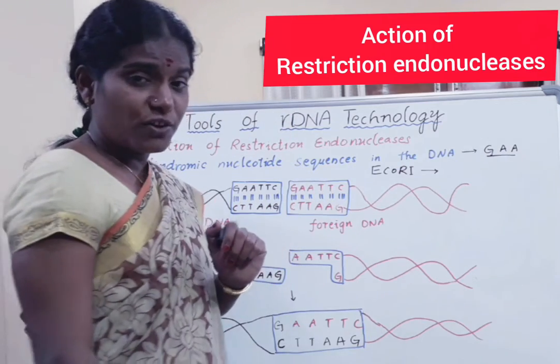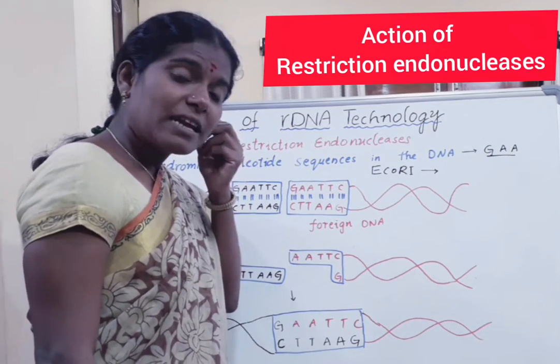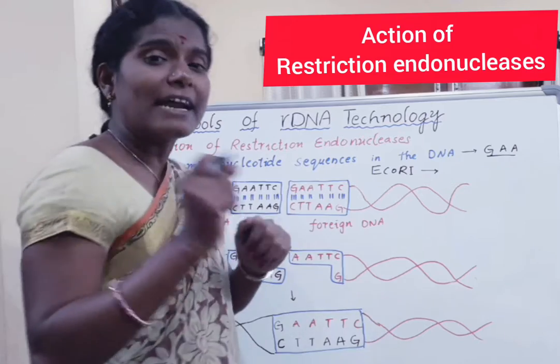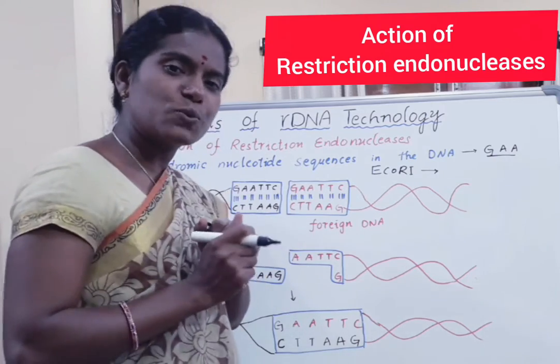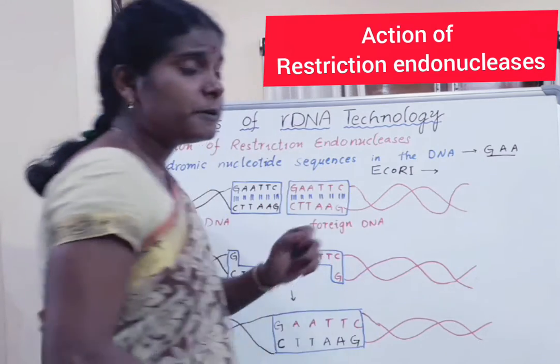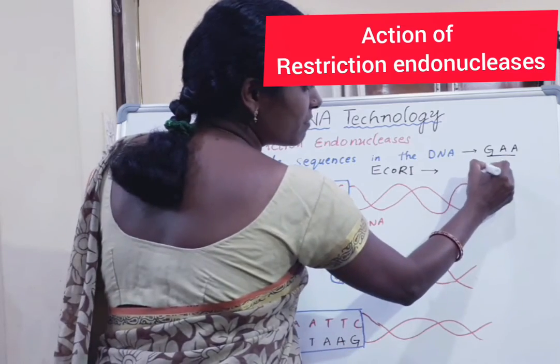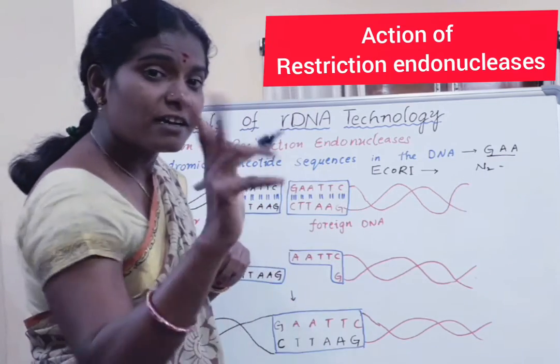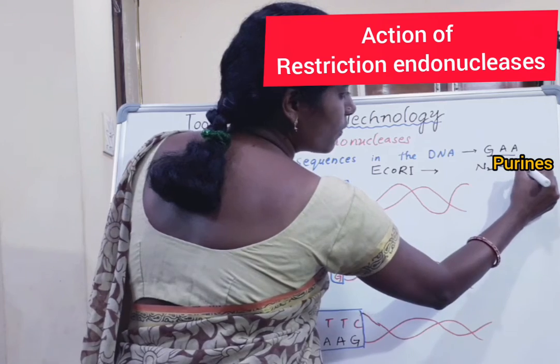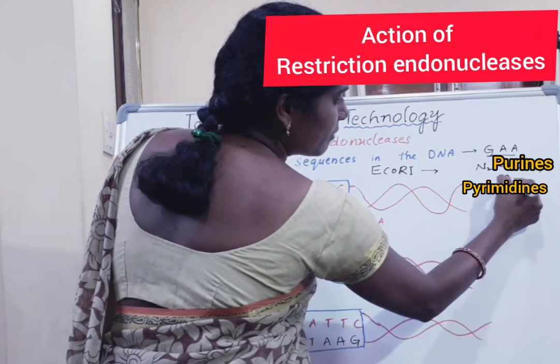Do you know the structure of DNA, students? DNA consists of nitrogen bases, sugar and phosphate molecules. Nitrogen bases are of how many types? Two types: purines and pyrimidines.